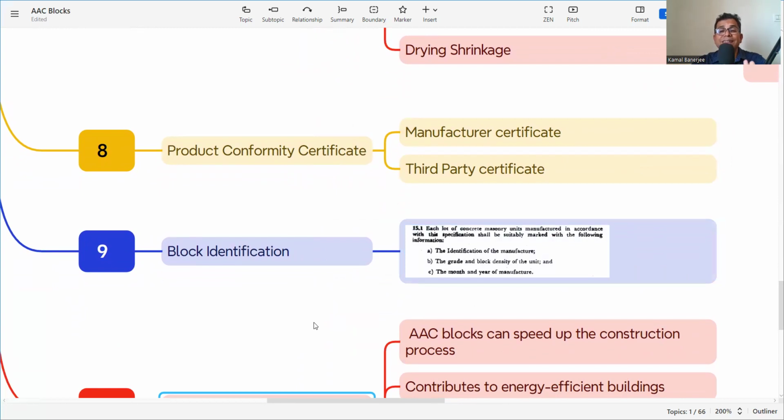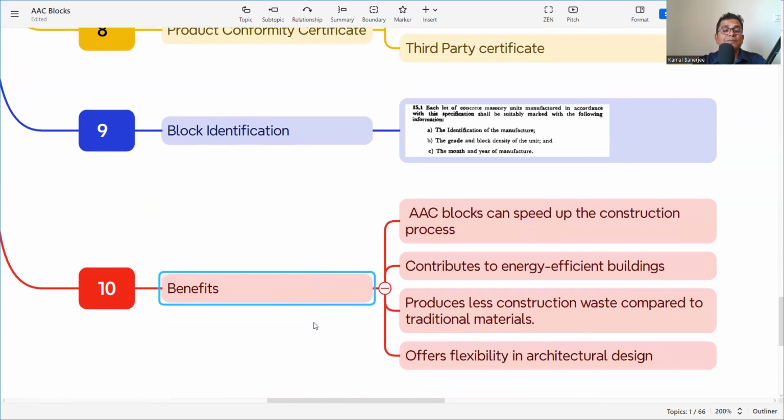It is mentioned that each lot of concrete masonry units manufactured in accordance with the specification shall be suitably marked with the following information: the identification of the manufacturer, the grade and block density of the unit, and the month and year of manufacture. So these three things are mentioned in the code, and you need to check them whenever you are receiving the blocks from the manufacturer.